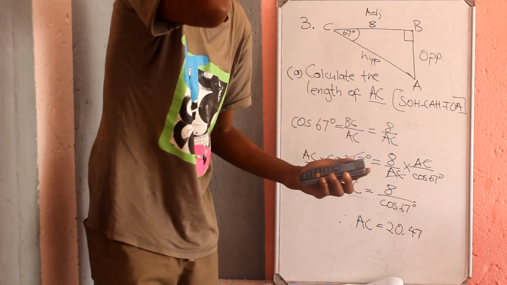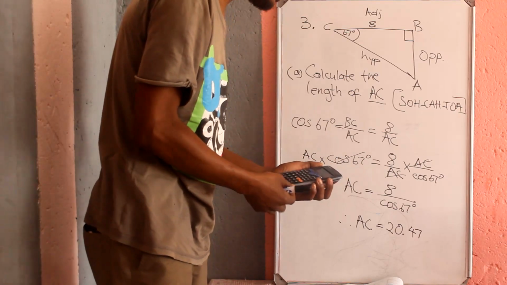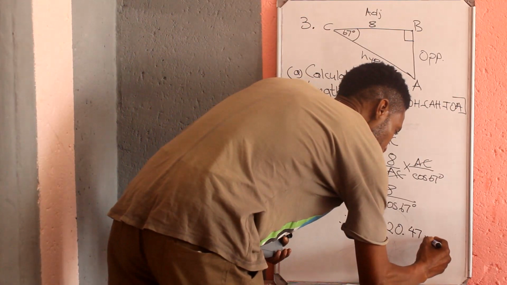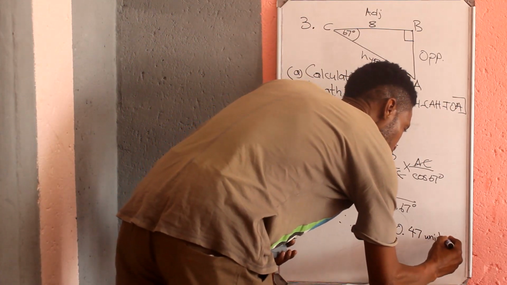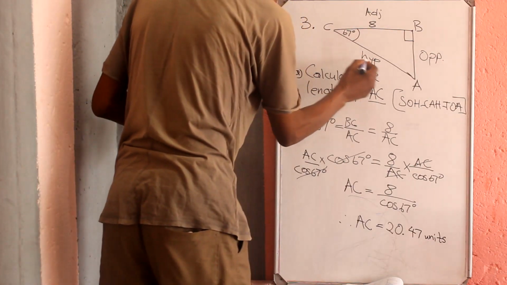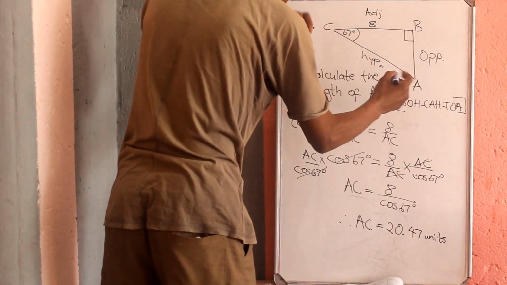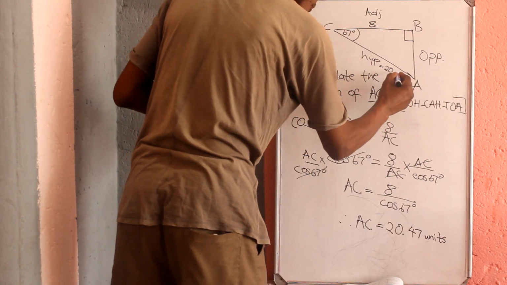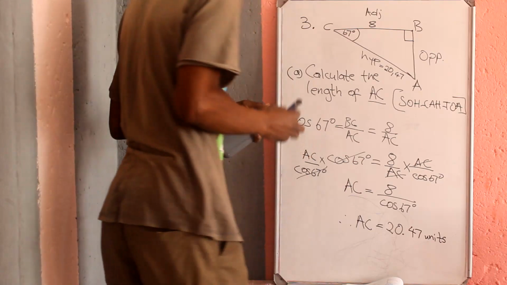When you round it off to 2 decimal places, that leaves you with 20.47 units. Just write units there, and that's going to be your AC. So AC, the hypotenuse, is equal to 20.47 units.